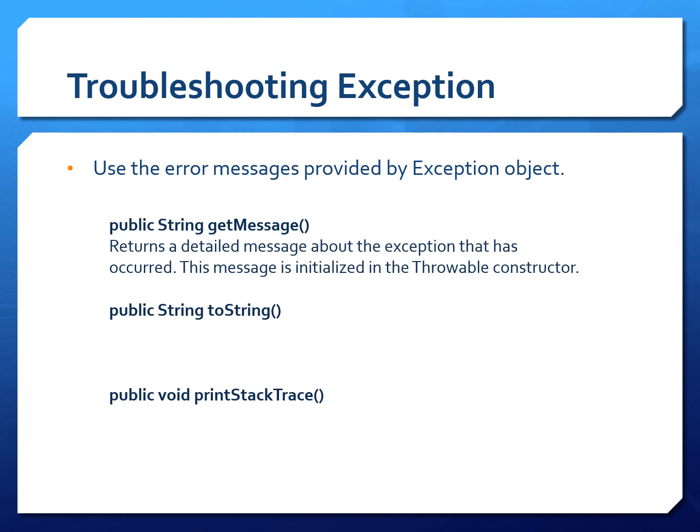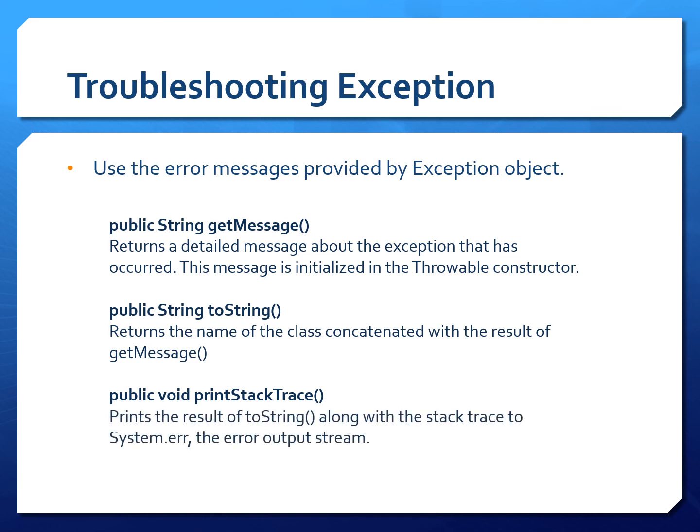This message is initialized in the Throwable constructor. The toString method returns the name of the class, concatenated with the result of getMessage method. printStackTrace prints the result of toString method, along with the stack trace to System.err, the error output stream.